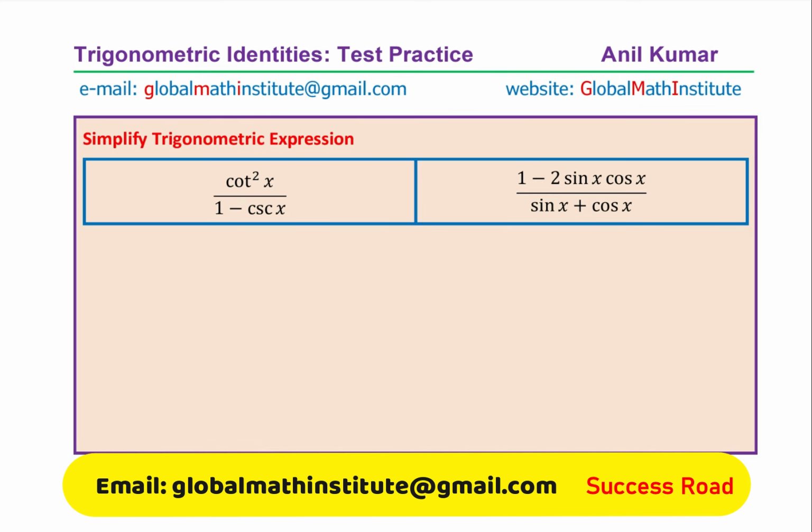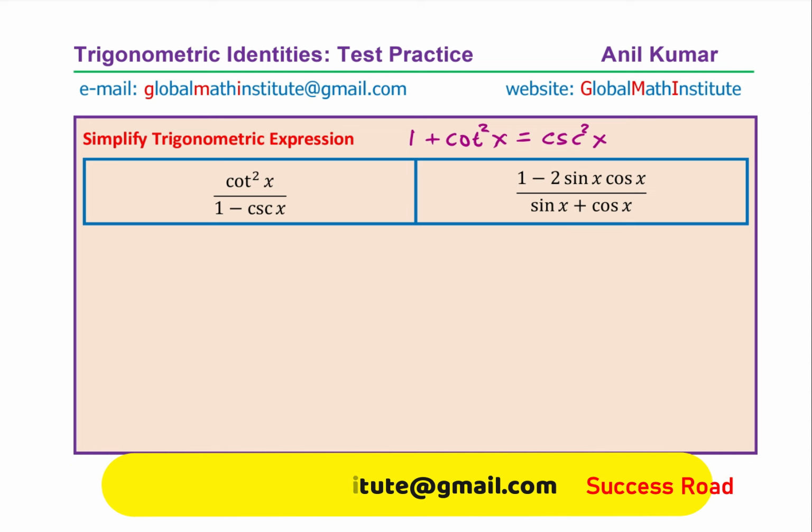So we have cot square x over 1 minus cosecant x. Well, you remember, what is 1 plus cot square x? It is equal to cosecant square x. Therefore, cot square x can be written as cosecant square x minus 1, right?